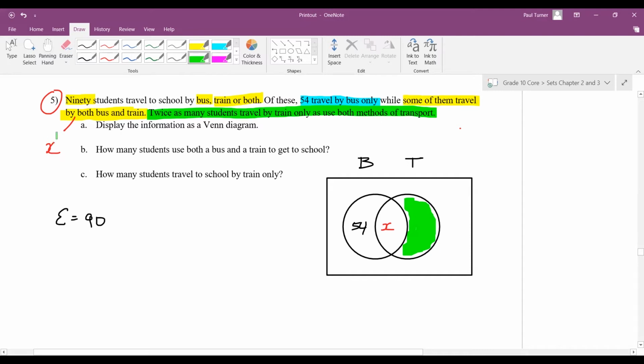Okay, what do you think? Anyone? What goes in the green section? That's what I know. Or that's what I need to know. I got 54 bus only. X is bus and train. What would be train only?